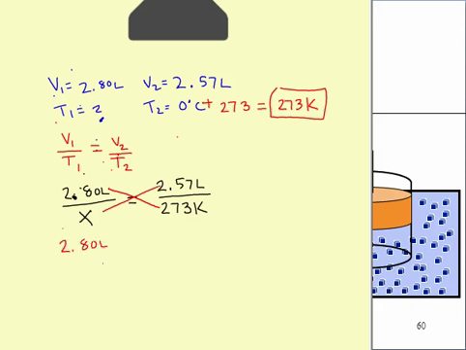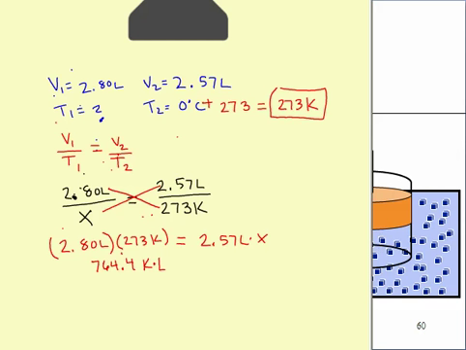So 2.80 liters times 273 Kelvin, bring down your equal sign, is equal to 2.57 liters times X. So we cross multiply first, and my calculator, when I plug in 2.8 times 273, gives me 764.4 Kelvin times liters. I've got to keep track of my units.